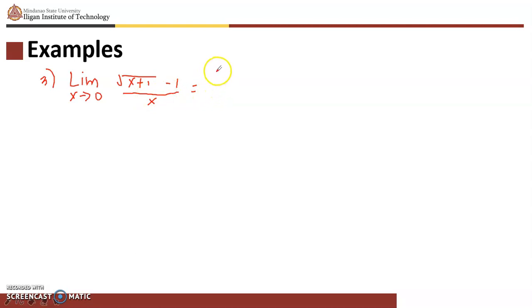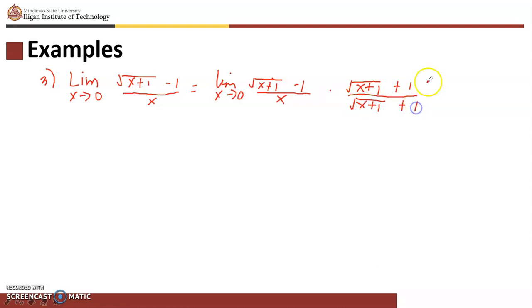We can rewrite this as the limit of the square root of x plus 1 minus 1 all over x as x approaches 0, times, we're going to multiply it by 1 in this form, that is square root of x plus 1 plus 1 all over square root of x plus 1 plus 1.